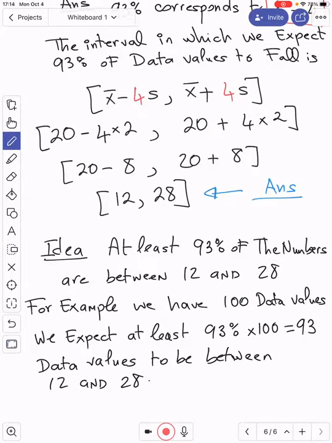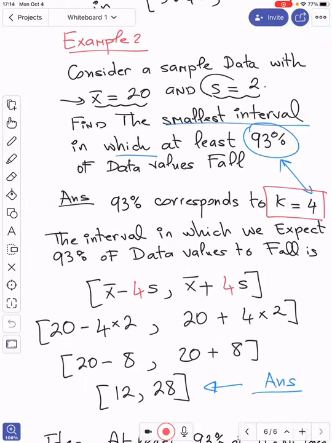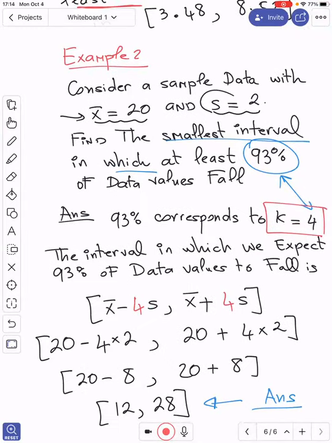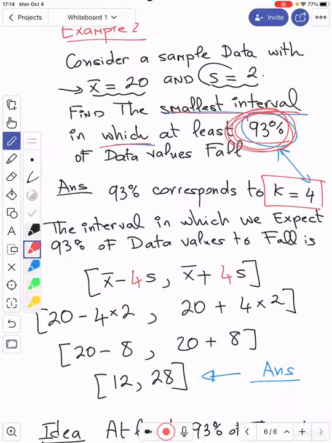And again, guys, here I use this 93% because that's what we have in the problem. It says there that they are asking for the smallest interval in which at least 93%. So the percentage here is 93. That's why I'm using k equal to 4, and that's why we have this interval, x bar minus 4s, x bar plus 4s, because my k is 4.